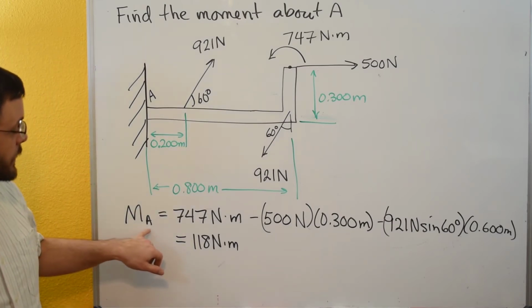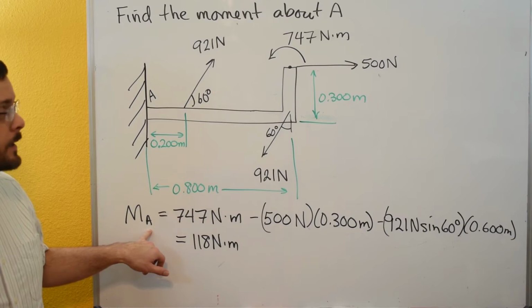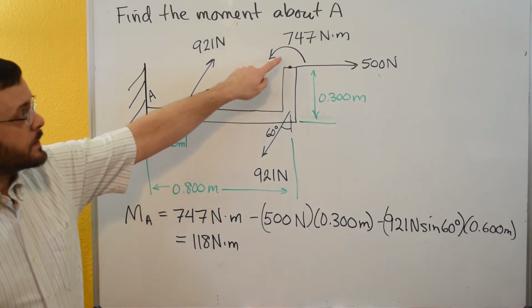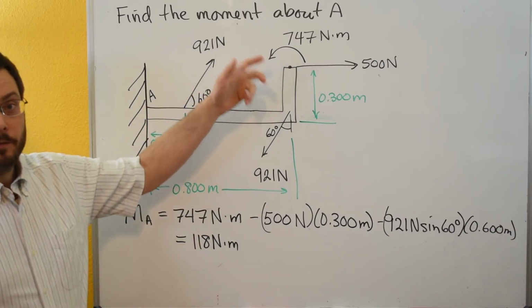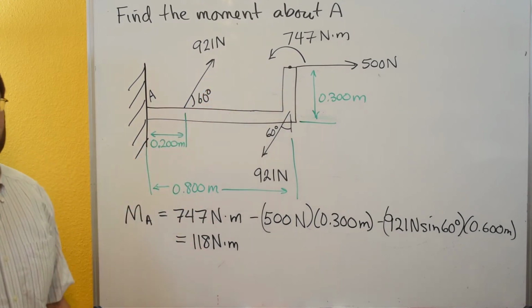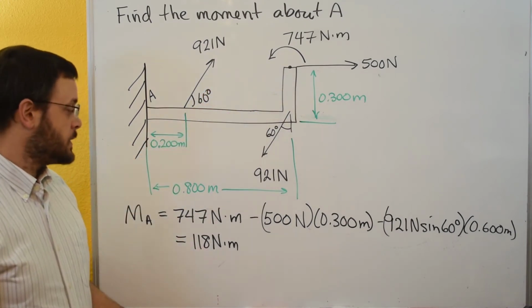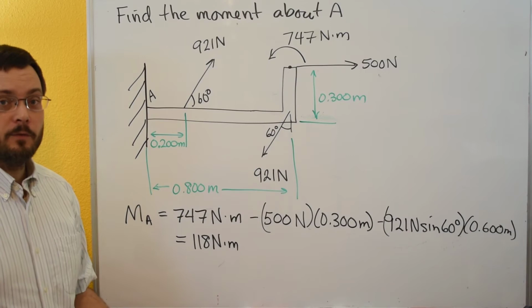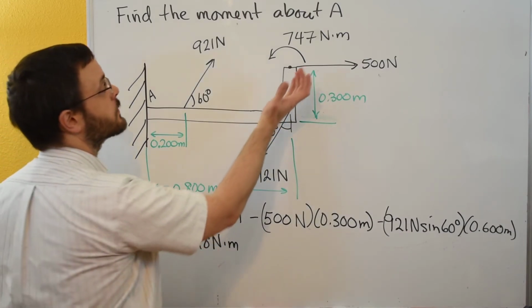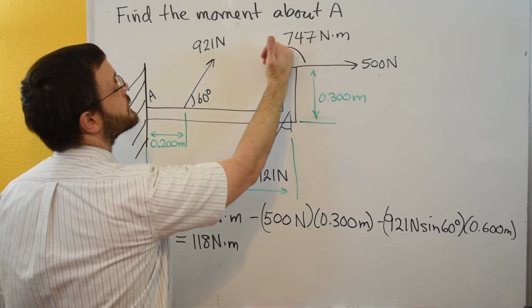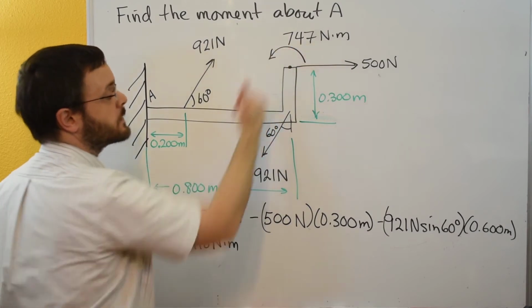Let's say that we want to calculate the moment about A. Let's start with the easiest one, where we just have the magnitude of the couple moment and the direction shown. We need to figure out, is this a positive or a negative couple moment? We'll use the right hand rule. Looks like this is going to be a positive moment.